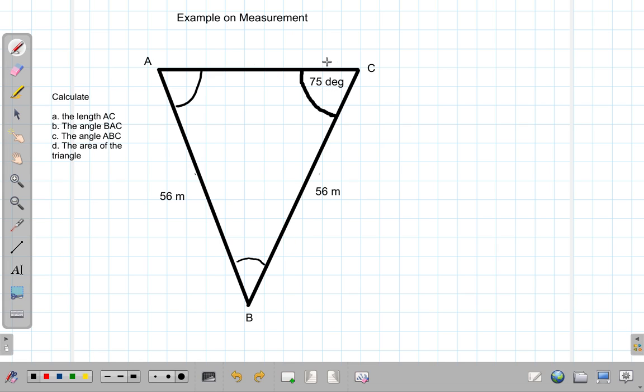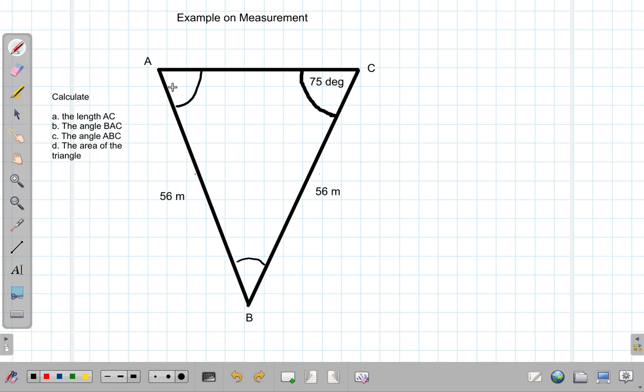They say you must calculate the length of AC and the two angles BAC and so on. What you can say here, since AB and AC are the same length, then angle BAC, this angle here, is the same size as ACB, this angle here.